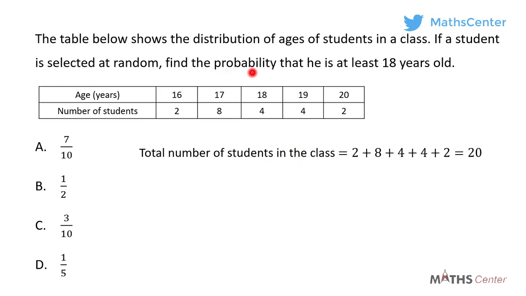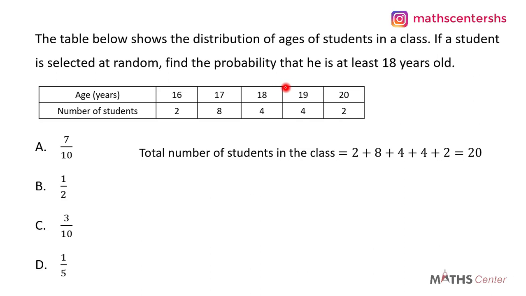We want to find the probability that the student that we will select at random is at least 18 years old. If the student is at least 18 years old, it means that the student is either 18 years old or 19 years old or 20 years old.